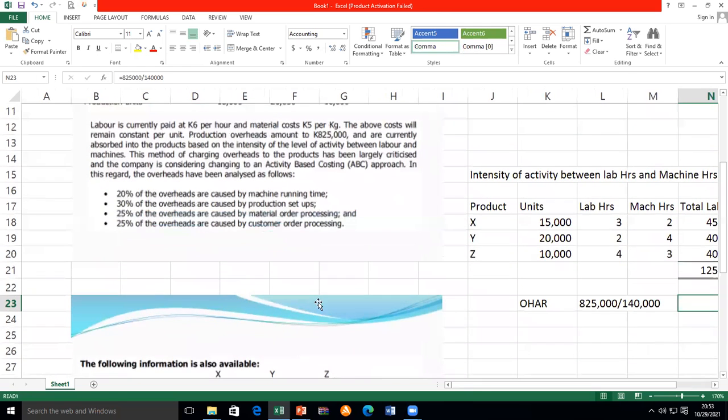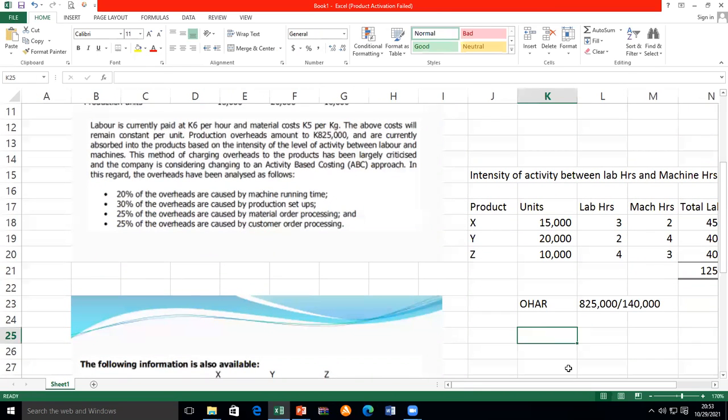Calculate the profit per unit. So here's the way you're going to arrange your work. We'll say product.